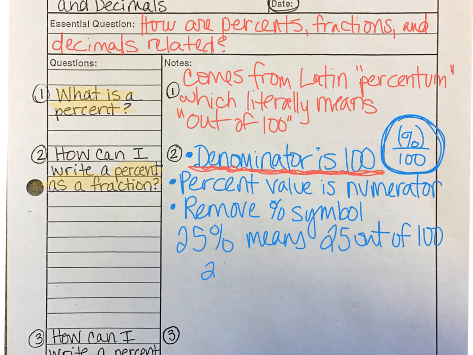So 25% would be written as 25 over 100, and then you would simplify that by dividing the top and bottom by common factors. In this case, they both divide by 25 to get the fraction 1/4.